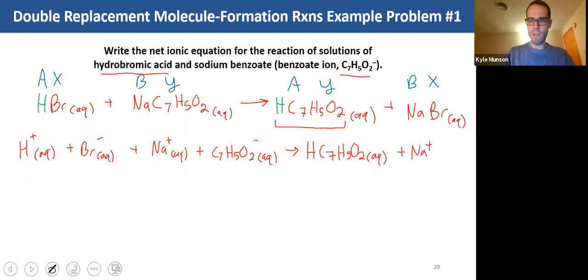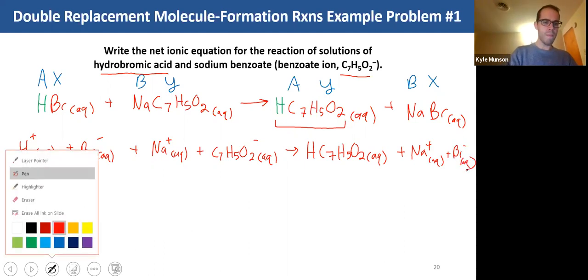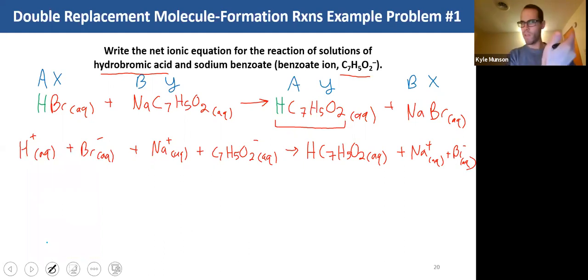This is going to be sodium plus bromide. Now that's what I was talking about with the proton too, so you could tell. So these guys are gone, the sodium and bromide spectator ions.